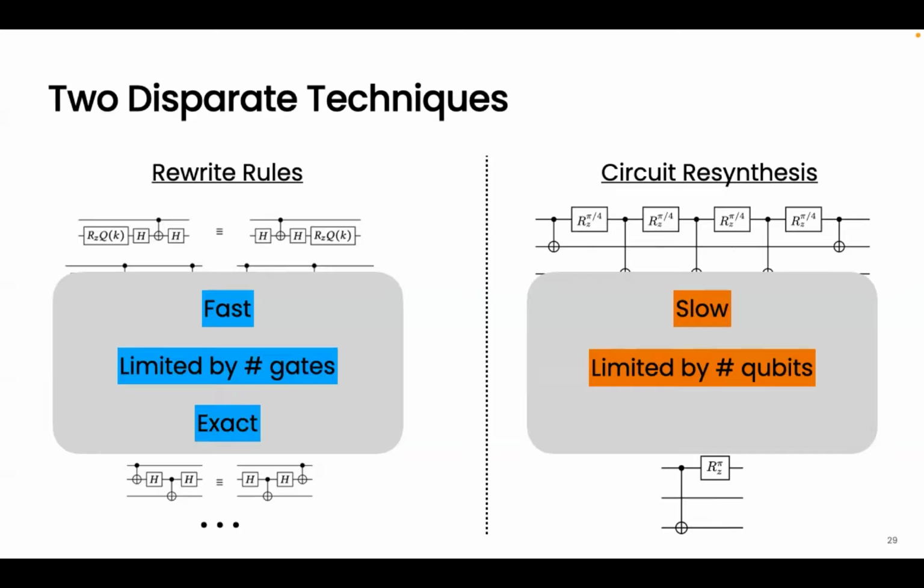And rewrite rules are going to preserve exact equivalence, and even if you wanted to approximate, you wouldn't be able to because each of them are exactly equivalent. And then what resynthesis allows you to do is have this approximation back.